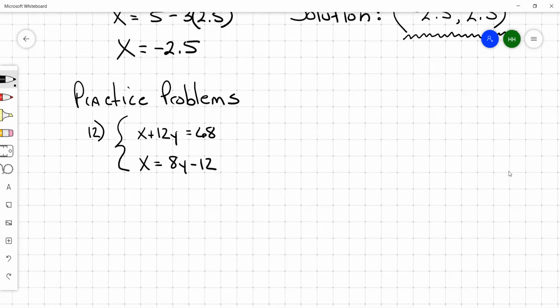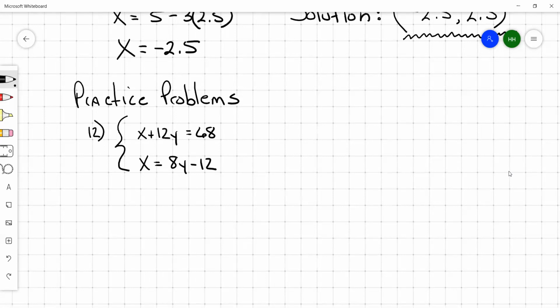All right, look up here real quick. Do you see this problem, how x is already equal to something? That eliminates the first step, okay? You can go right to substitution, and where there's an x in the top equation, you can substitute your 8y minus 12 and solve for y.